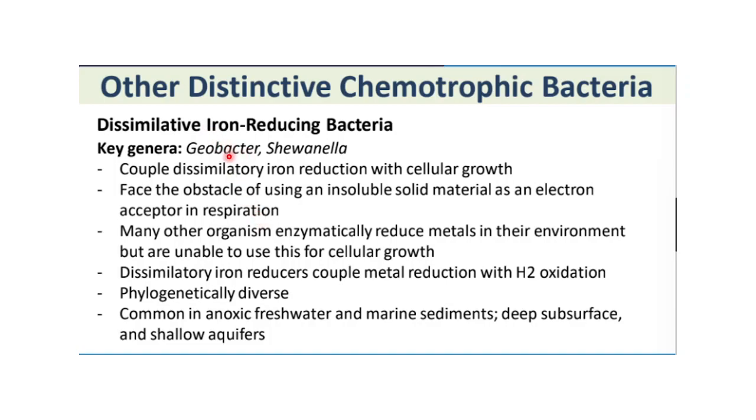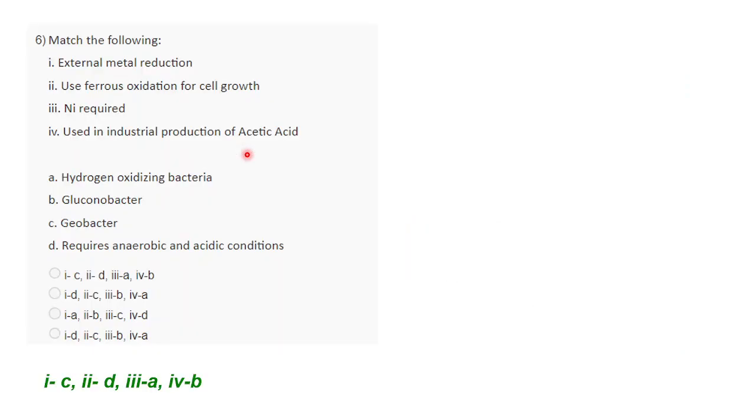These are some of the key genera that can be categorized under the dissimilatory iron reducing bacteria. They are common in anoxic freshwater and marine sediments, and they couple metal reduction with H2 oxidation. They are phylogenetically very diverse, and many other organisms enzymatically reduce metals in their environment but are unable to use this for their cellular growth. So yes, geobacter can be 1C. External metal reduction can be geobacter.